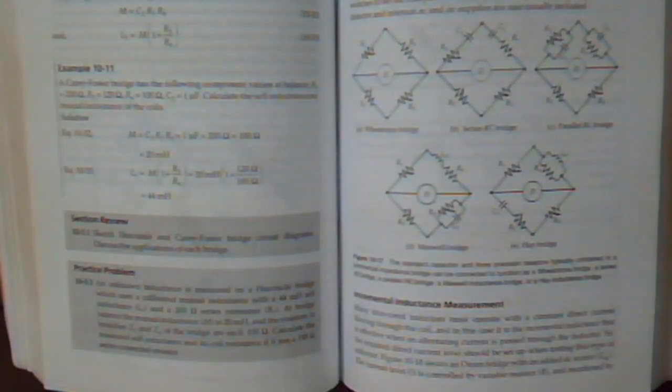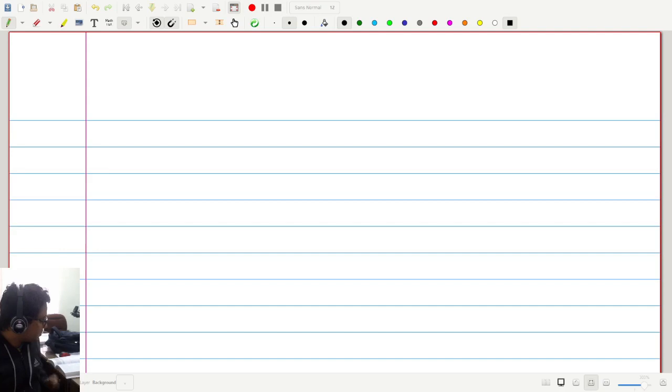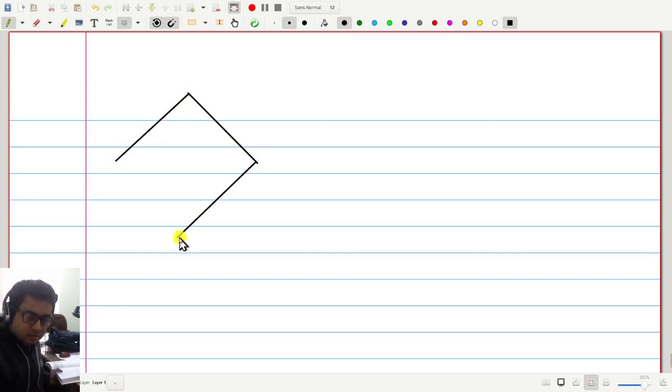Let me draw this for you because this may not be visible well. So this is like this. Your task will be to finish the balance equation by the time I finish my drawing.